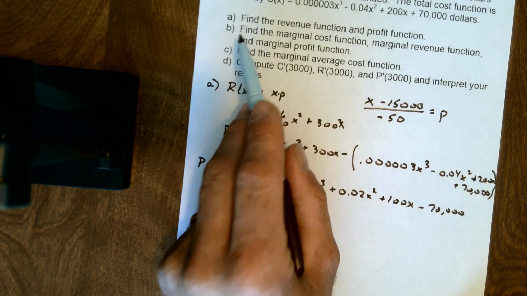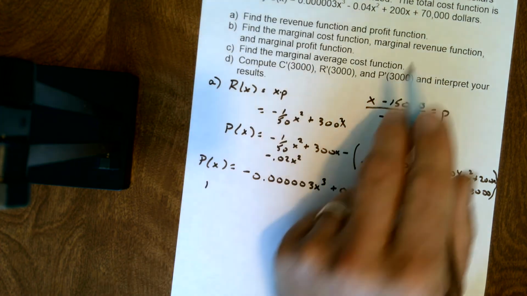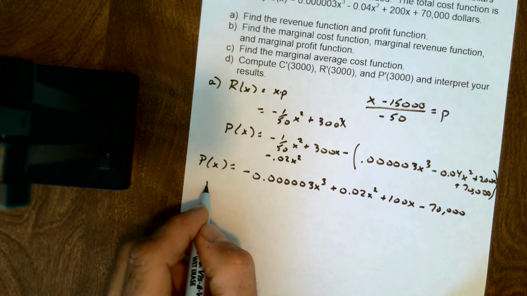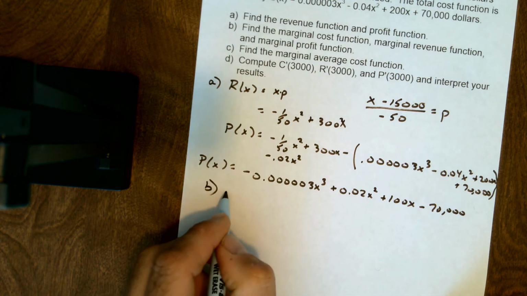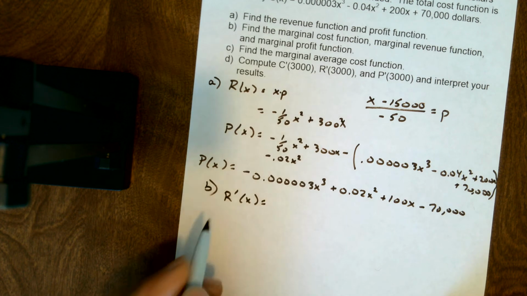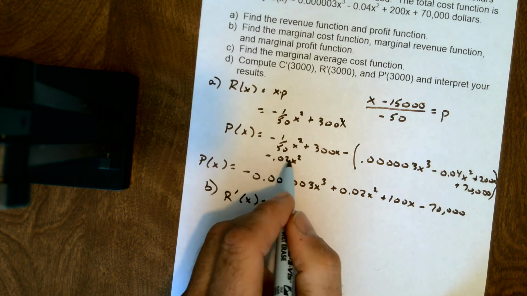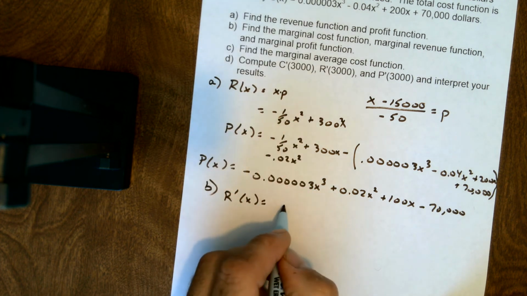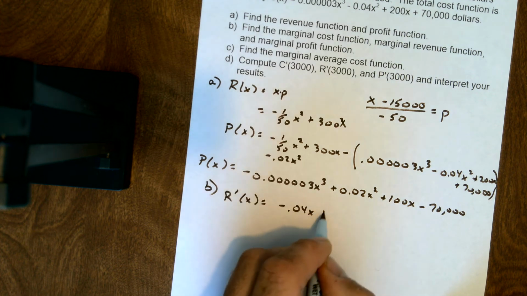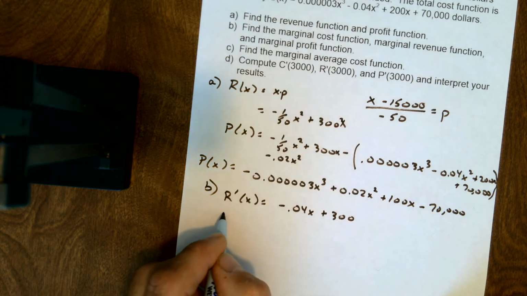Now part B says find the marginal cost, marginal revenue, and the marginal profit. So all of these are going to be our derivatives. So r prime of x, we had negative 200th x squared, so it's going to be negative 400th x plus 300.